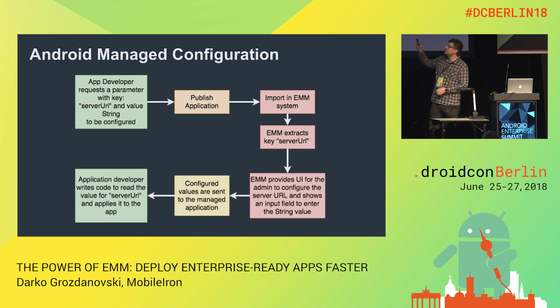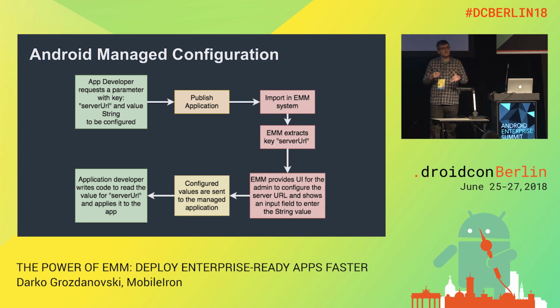So the way you do it is basically you define that you require this value, in my case, server URL, to be configured by the IT admin and delivered to your organization. You publish your application, and this is pretty much where the first part of the cycle ends. Then the EMM admin would import it into their system.